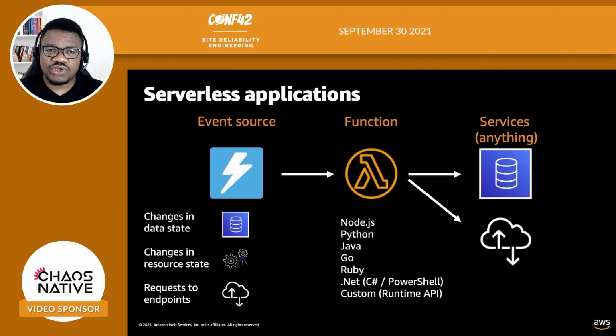A Lambda function is a small, single-purpose piece of functionality that can be programmed with any of the 6 programming languages supported by Lambda, or you can bring your own custom runtime using the runtime API. The Lambda function then performs an action. It can be based on your business logic, retrieving data from a data store, storing data in a data store, returning items to the UI, or potentially even calling an external HTTP endpoint.